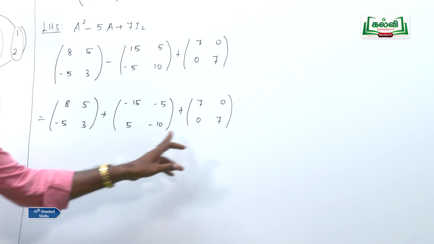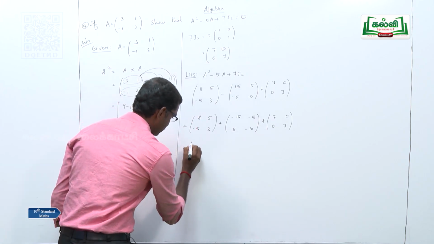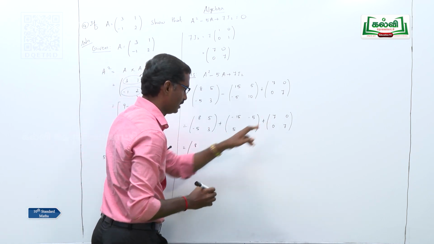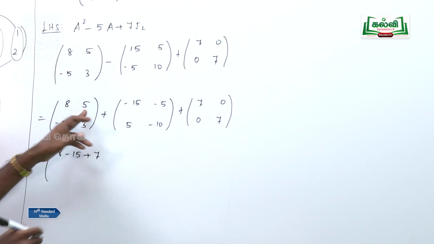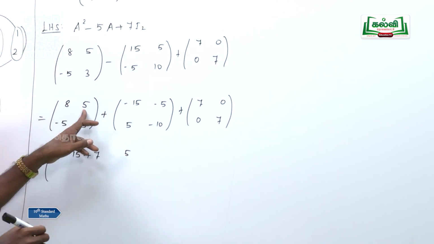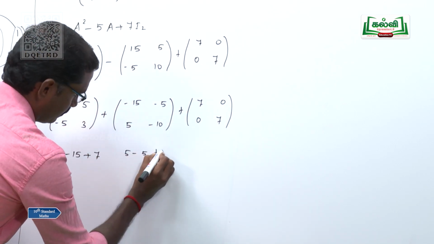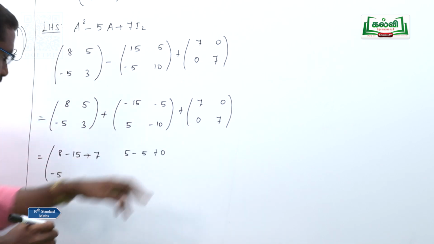Addition of 3 matrices is very simple. Add the corresponding elements. Corresponding element for 8: 8 minus 15 and 7. Corresponding element for 5: 5 minus 5 and 0. Next, minus 5 and then plus 5 and then 0.